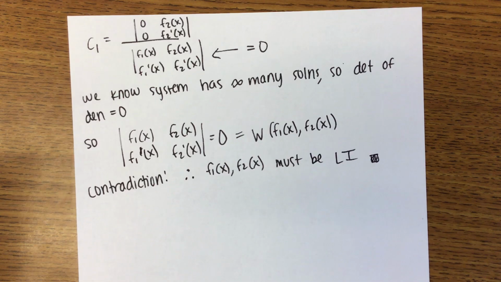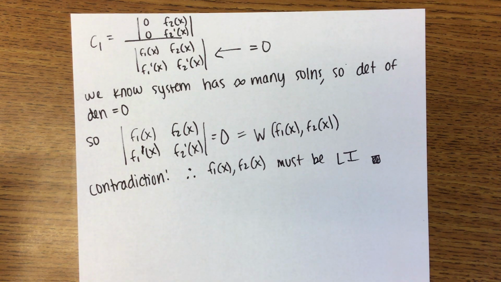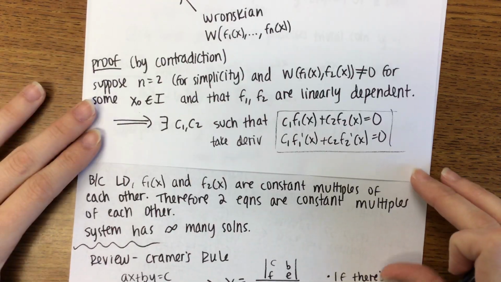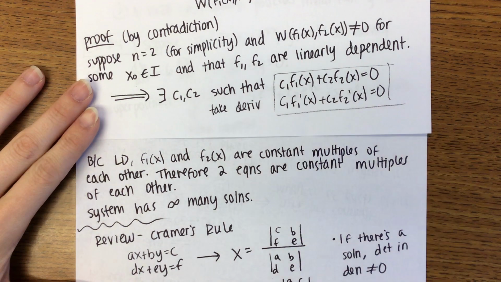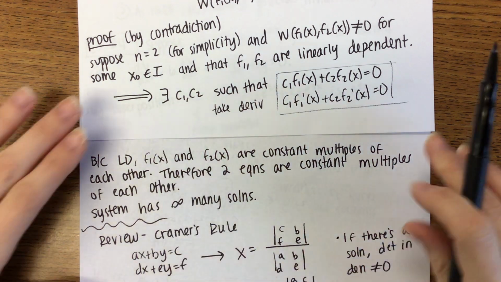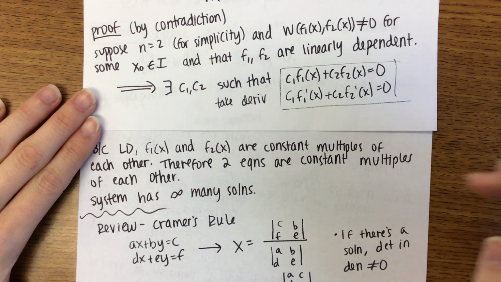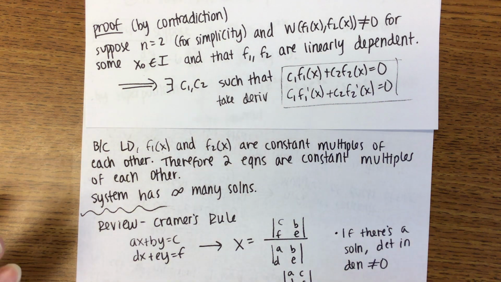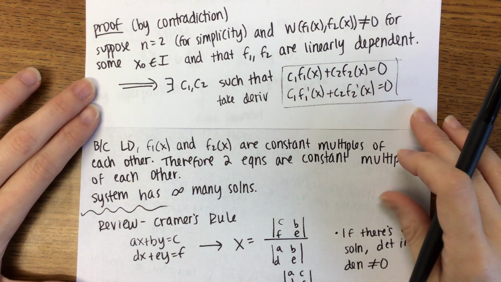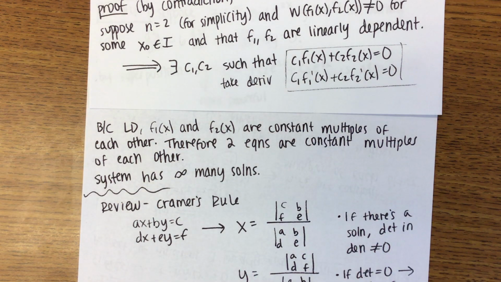Alex, I really have no idea where I wrote it. I used too many pages. We know that f1 and f2 are constant multiples of each other. Therefore, our equations are constant multiples of each other. Therefore, the system has infinitely many solutions.